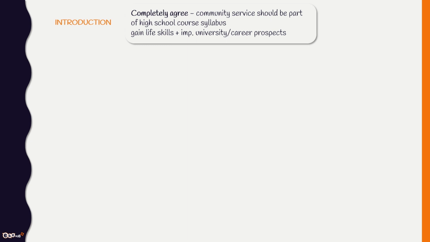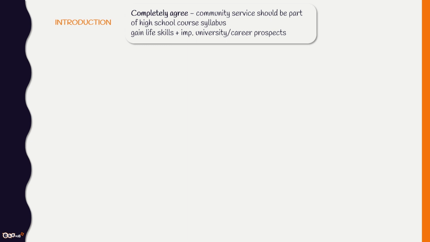Now, since you saw that I had more points in favor, I chose the position which was easier to write about, and that is I completely agree that community service should be part of high school course syllabus. Because, and what's my outline?